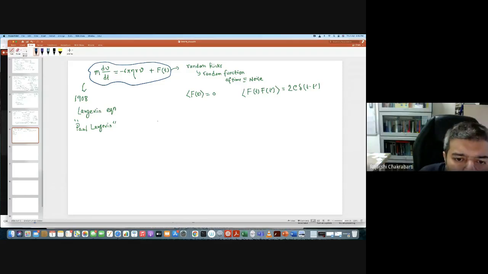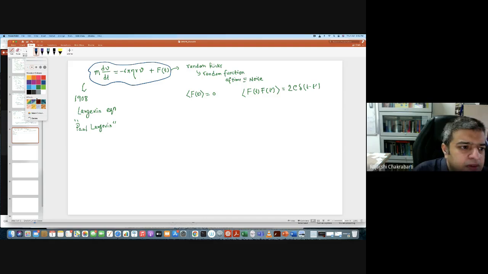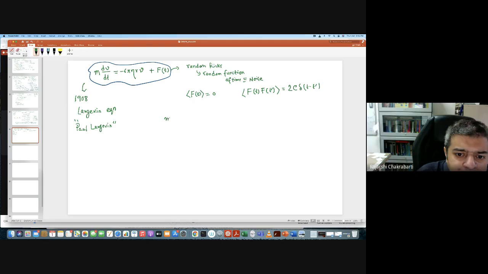So what is my equation of motion? Let me use some other color. Okay, maybe green is better. I'm rewriting the equation of motion: m x double dot is equal to minus 6 pi eta r x dot.